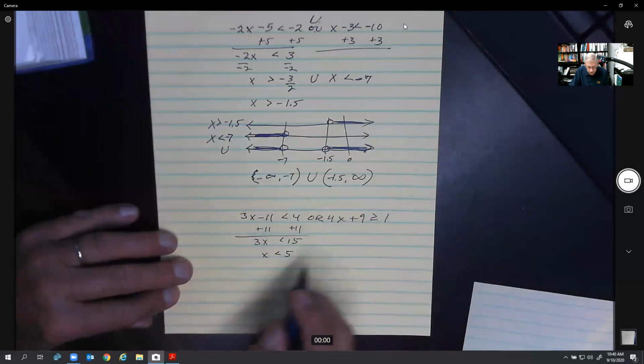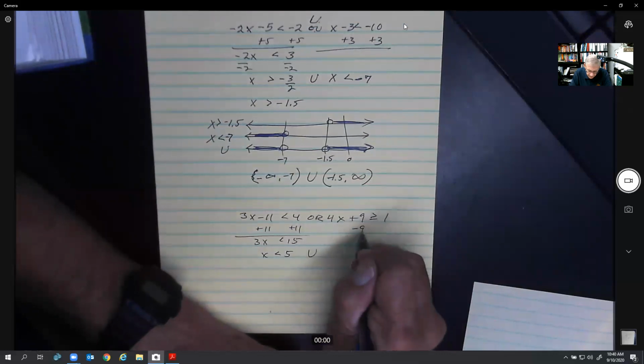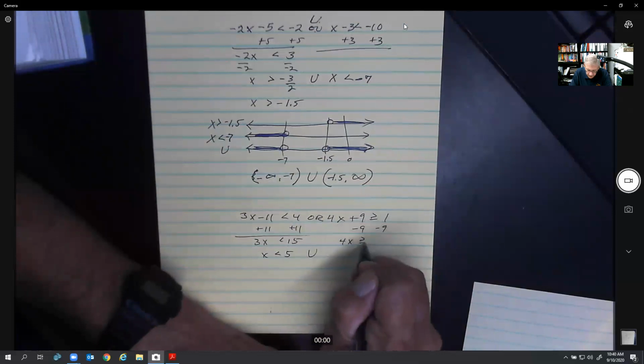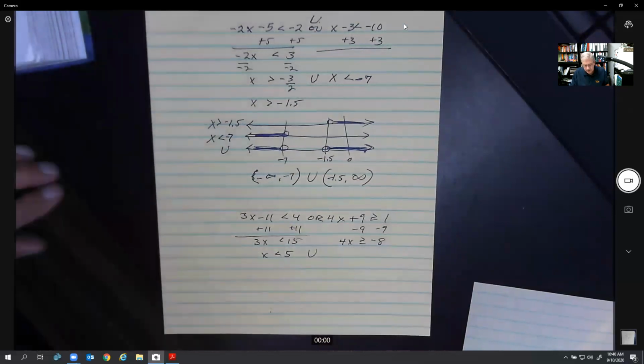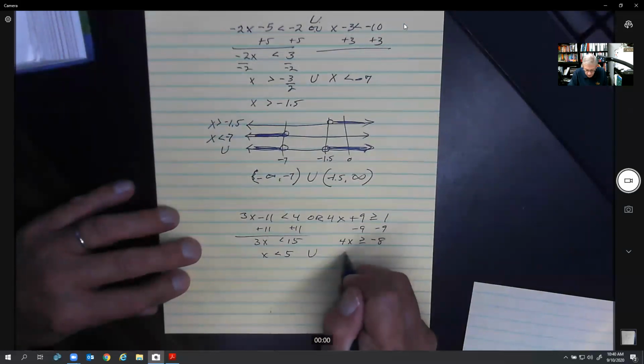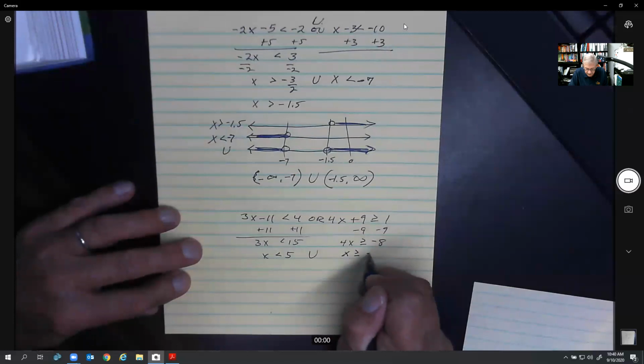No switcheroonie. Or add a negative 9. 4x is greater than or equal to negative 8. Don't try to do too much work in your head. And then divide by 4, no switcheroonie either. X is greater than or equal to negative 2.